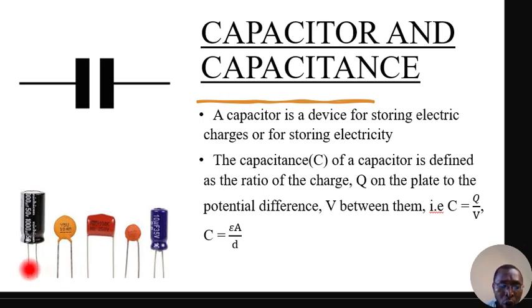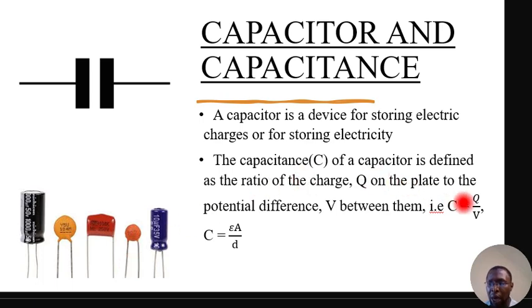If one is positive and the other is negative, you say the capacitor is polarized. That means each particular leg is meant to be positive and the other meant to be negative. But if either could be positive or negative, then it's not a polarized capacitor. So it can come in different forms, but whatever way, they have positive and negative plates.